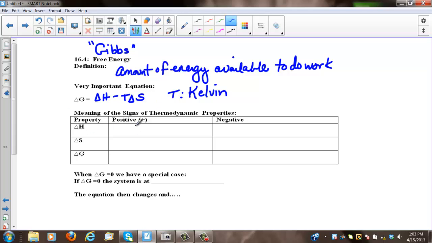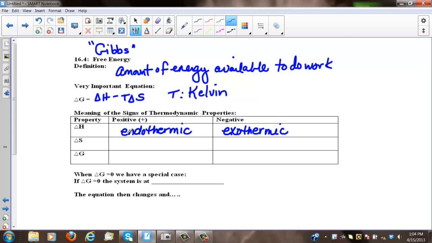So let's think about what's going to happen. If my delta H is positive, then what type of reaction is that? That would be endothermic. If my delta H is negative, then that would be exothermic.